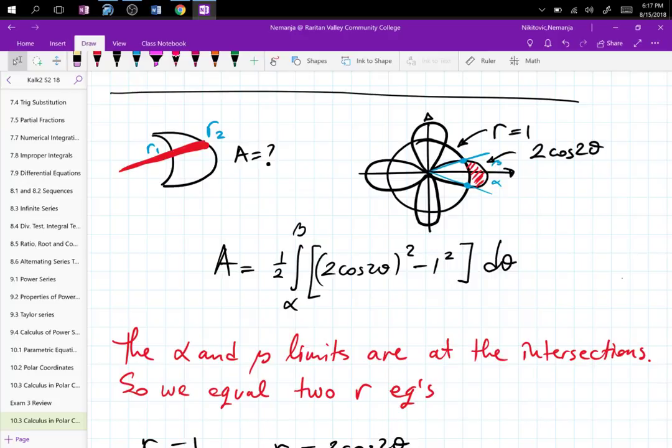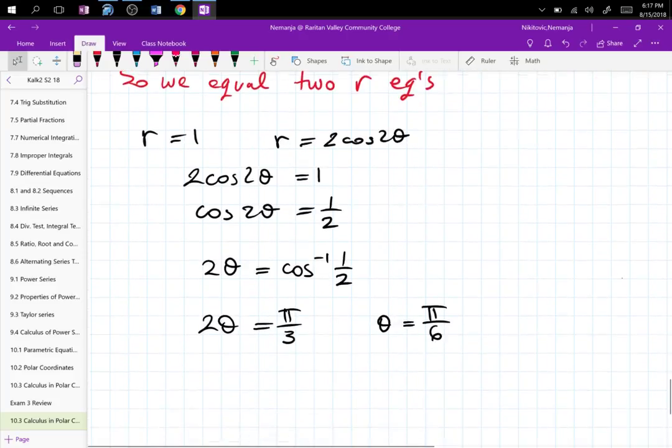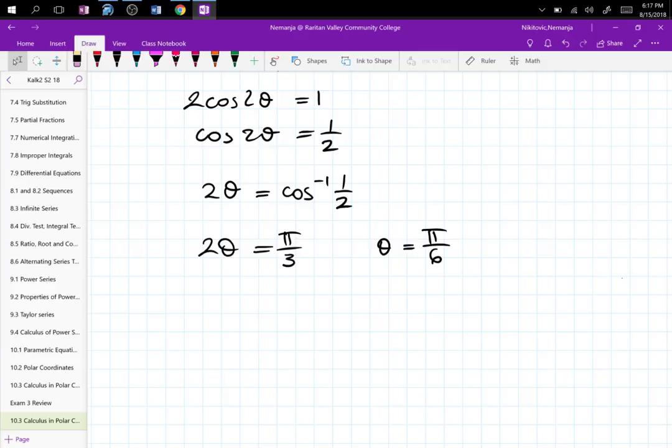So a little bit of common sense when you use your eyes to look at this thing. You see that the blue line on beta is 30 degrees. That means that the blue line below for alpha is negative pi over 6. So now we have our limits. This over here will be your beta, and then by common sense, alpha is negative pi over 6.